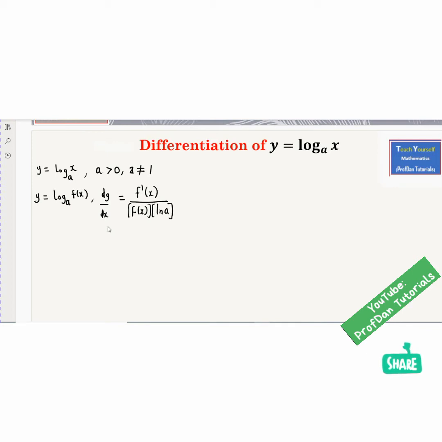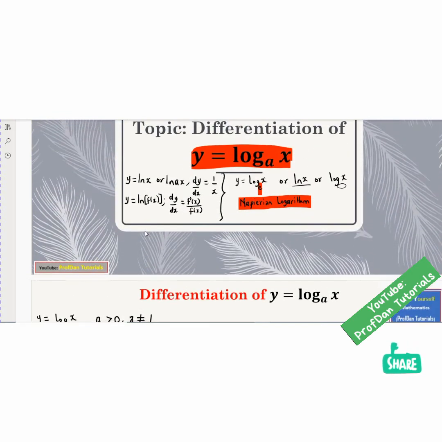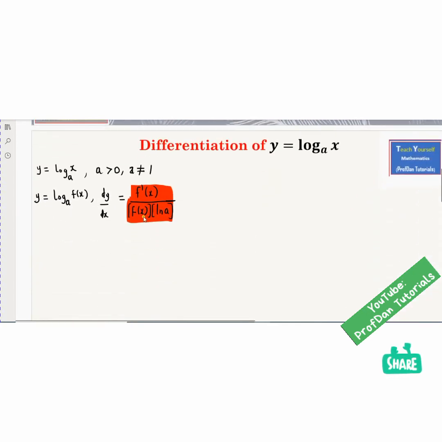It is as simple as that. You can see that the difference between this and the previous one on the natural logarithm function is the ln a that we have. The difference is just the addition of ln a. So just take note of this.